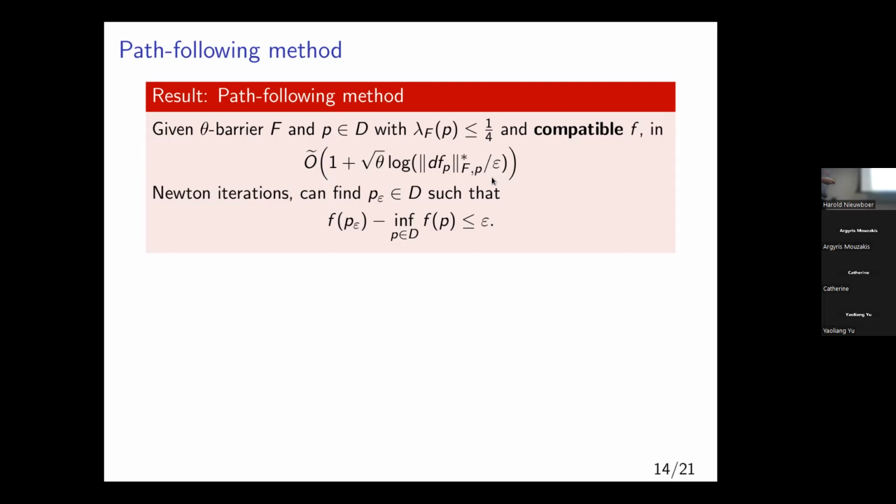Then you can optimize a compatible objective within a certain number of Newton steps, which scales like square root of theta log 1 over epsilon. This quantity you need to bound for your specific application, but it's usually not so big. So this shows interior point methods, also on manifolds, are capable of giving high precision solutions pretty quickly.